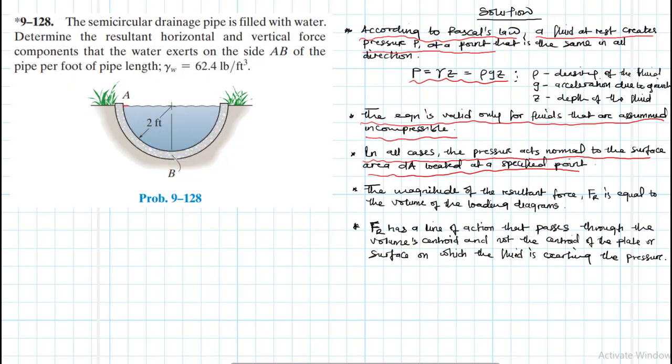We are going to divide this into two. We have this portion in red, and we are going to find what we are calling our FV, which is basically the weight of the water on that portion. Then we have another part, this one, which is another way of simplifying our work.